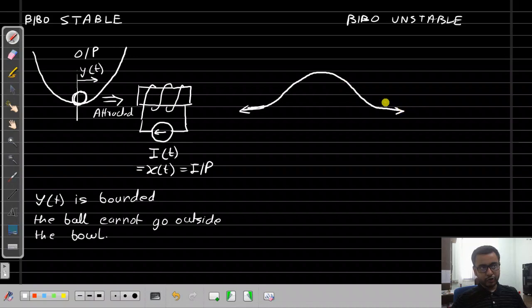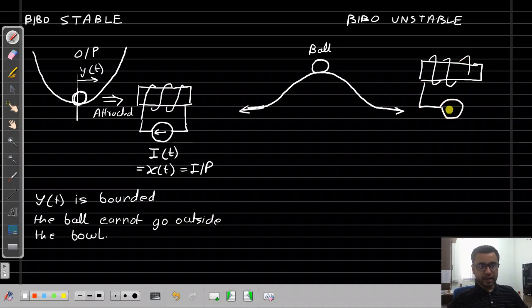So this is an inverted, upside down bowl, and you balance this ball on top of it by some means. Then you put this electromagnet here, and you give some current i(t), which is the input x(t).